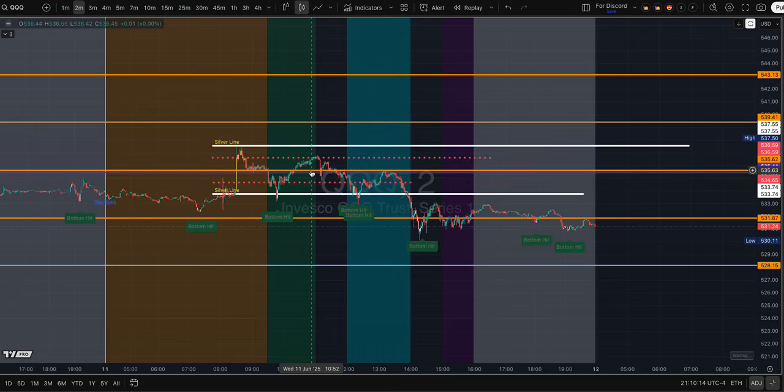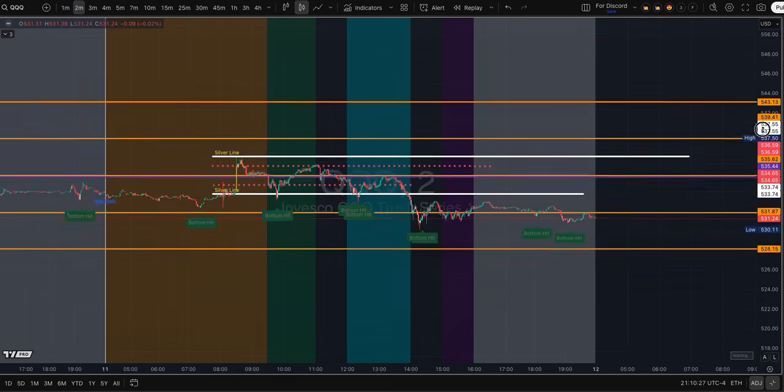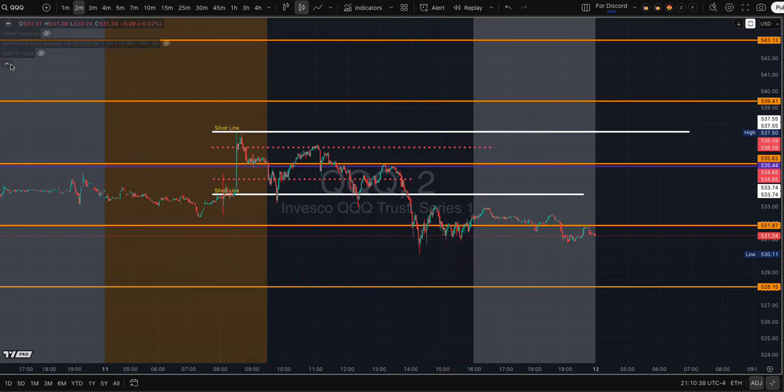We have two silver lines, those are sublines. And then we have bronze lines, those are mid-level, low volume lines. And there is a purple line that is for monthly. And these buy and sell hits are coming from an indicator called OnePunch Algo Scalper, which is my own algo.